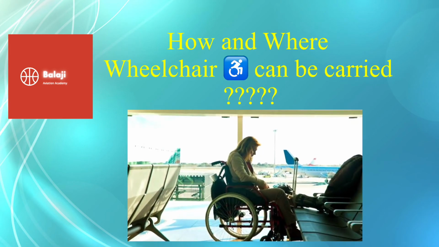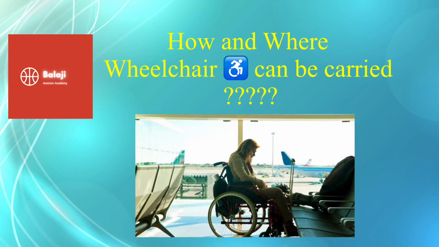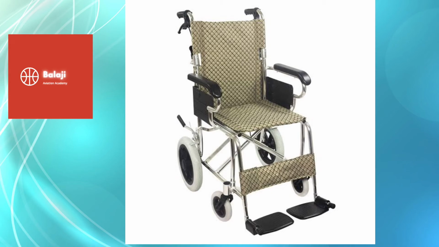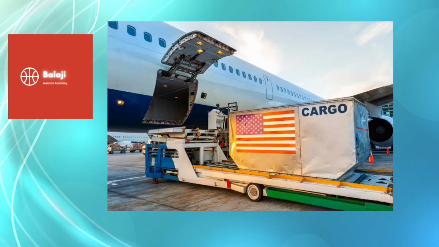So let's understand about carriage of wheelchairs. Now certain protocols are to be followed with regard to carriage of a wheelchair. A wheelchair is a heavy instrument, and it needs to be foldable, and if you cannot put it inside the cabin, it has to generally go into the cargo area of the aircraft.